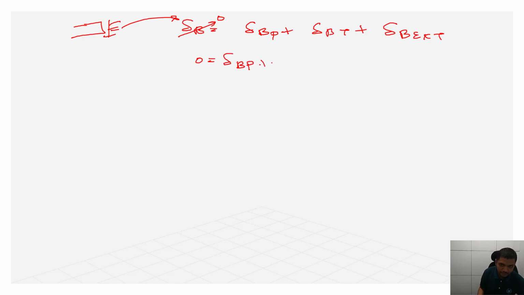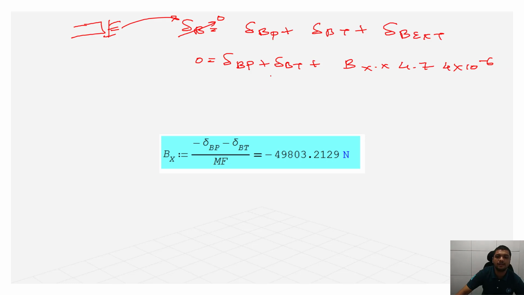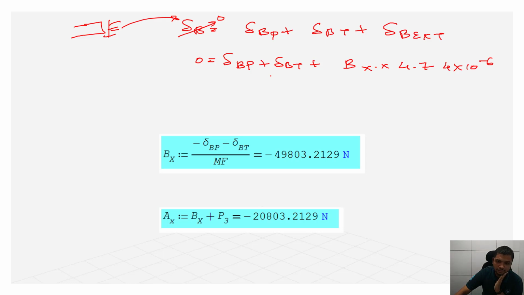So delta BP plus delta BT plus Bx into 4.74 into 10 to the power minus 6 will give me Bx as 49,803.21 Newton. And from our first equilibrium equation, we can get Ax equals Bx plus P3, which is equal to minus 20,803 Newton. So we got the reaction forces at the B end and at the A end.